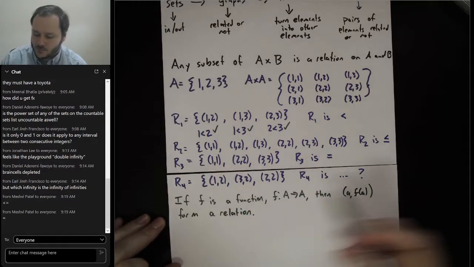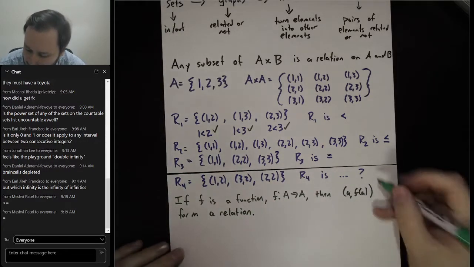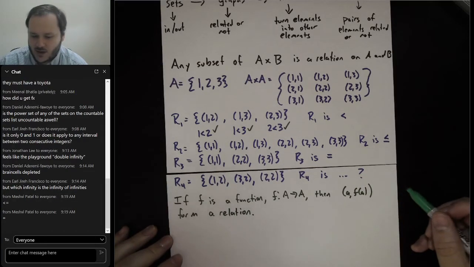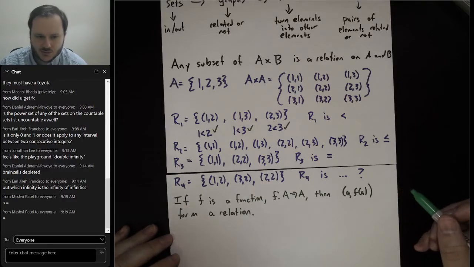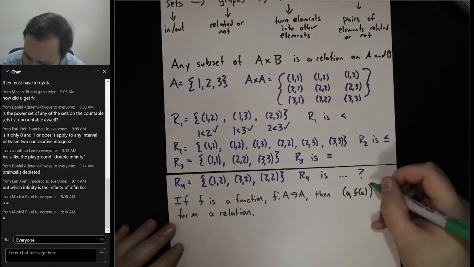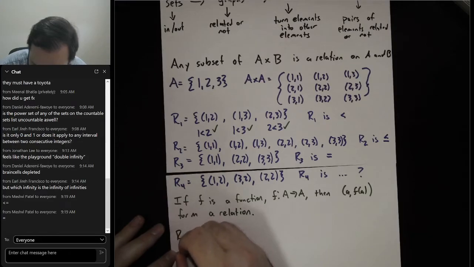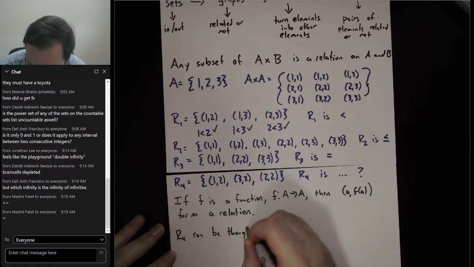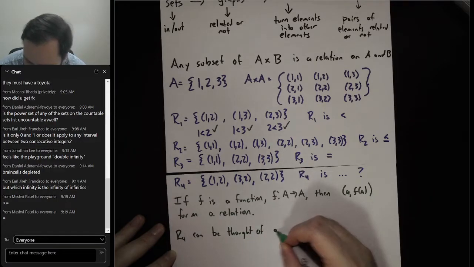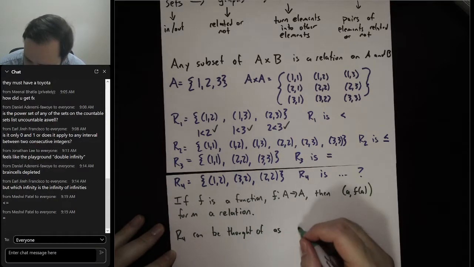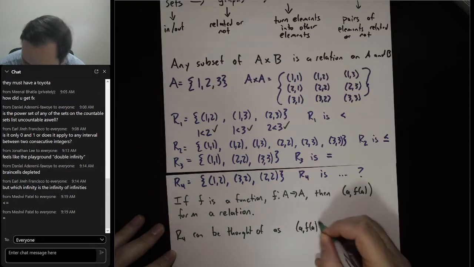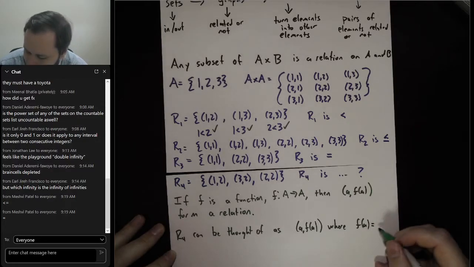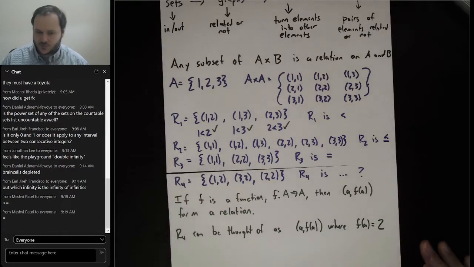So I guess one possible name for R4 is the relation (a, f(a)), where f(a) is always equal to 2. R4 can be thought of as (a, f(a)), where f(a) is equal to 2, constant value 2.